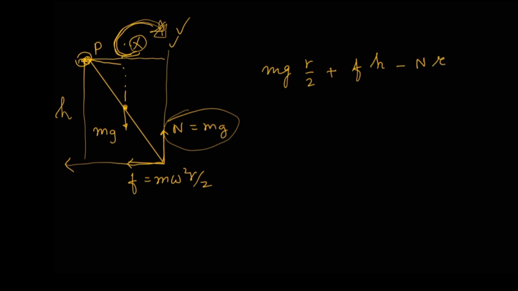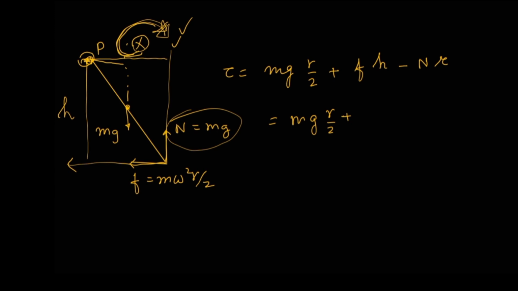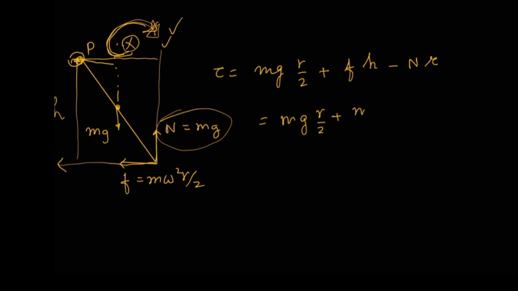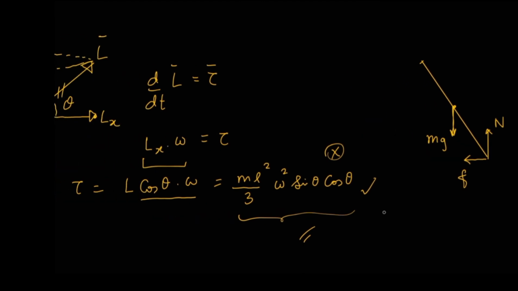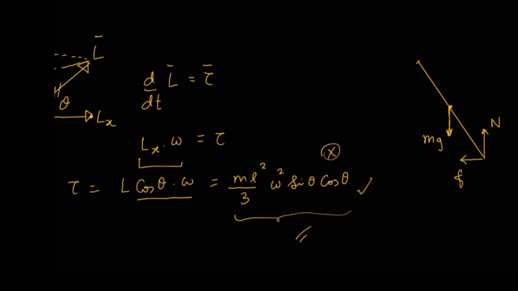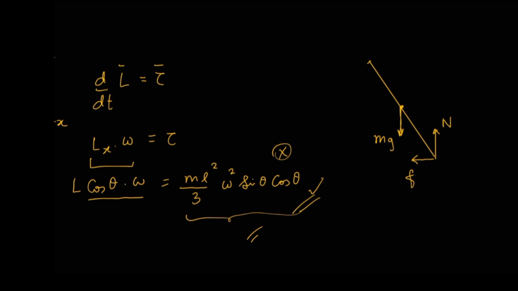So this is the net torque, and this torque should be equal to the torque required. I am putting in the values of friction and N we just obtained. Friction was m omega square r by 2, N was mg. So this much torque we have obtained, and this torque should be equal to the torque required. It was this much. So I am equating these two.